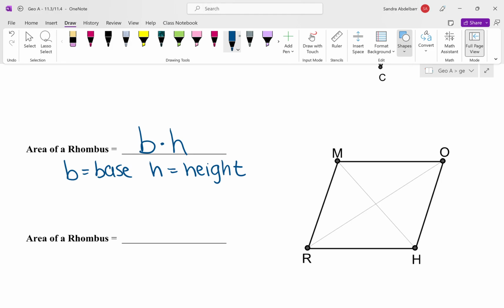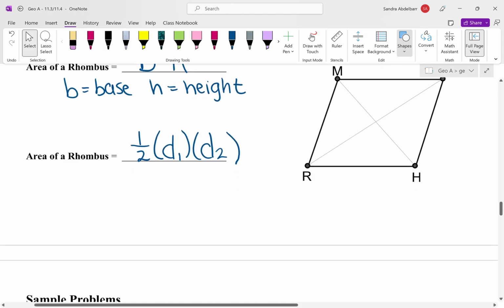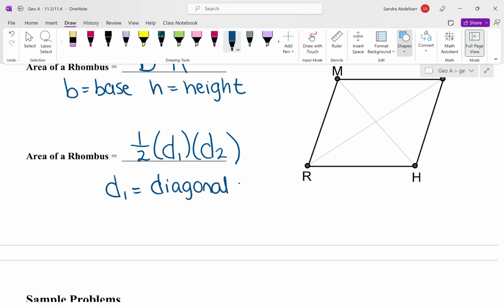So the other formula for rhombus is half D1 D2. Based on the information I give you, you're going to have to decide which formula to use. D1 is diagonal 1. D2 is diagonal 2.